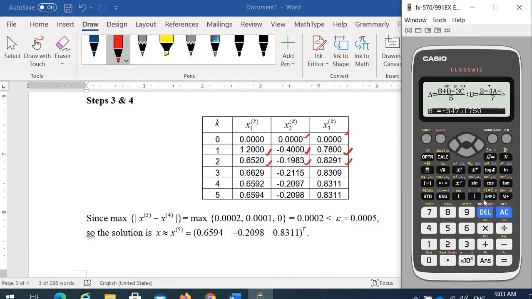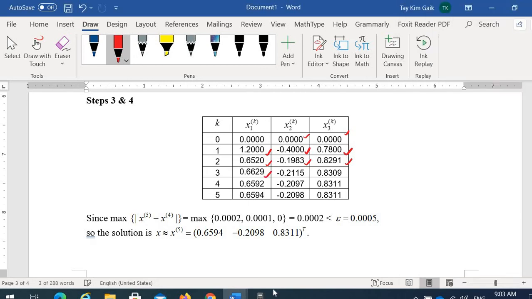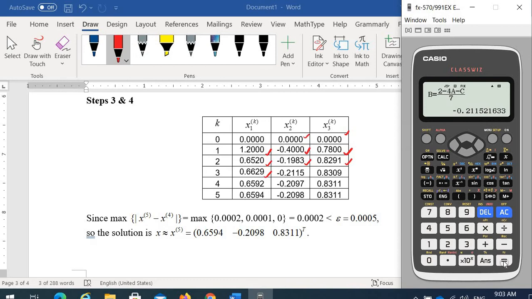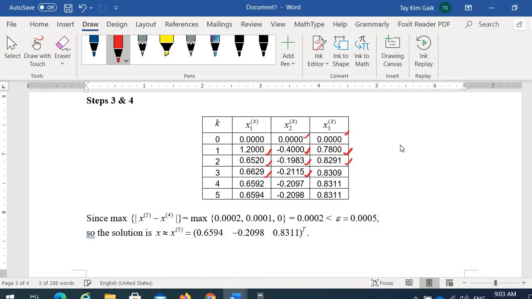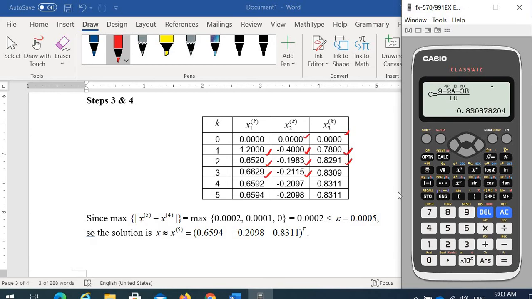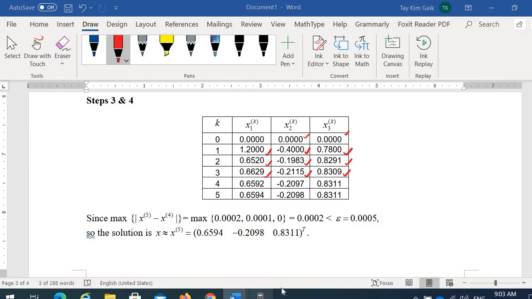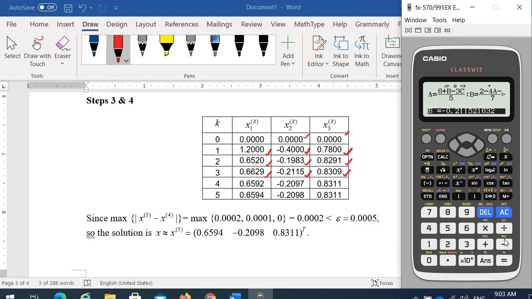You convert, okay, this is A, you equal, you get this is B, then you equal again, you get this is your C, then you equal. This is now we got B, C. So this is A value, equal, this is a B value.